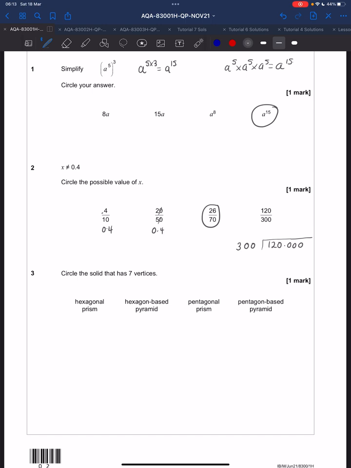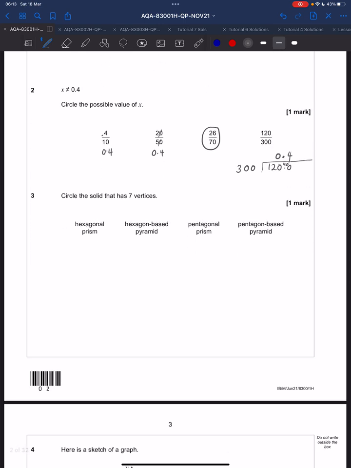If you weren't sure about 120 over 300, you can say 300 into 120 doesn't go, so it's 0 point something, and then you carry the 120, and then 300 into 1,200 is 4, with no more remainders, so it's 0.4. So 26 out of 70 is 0.4.